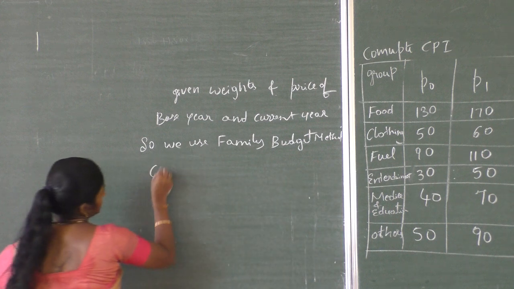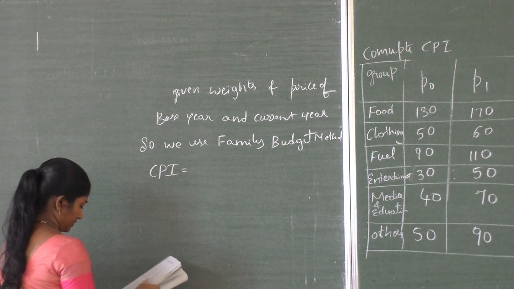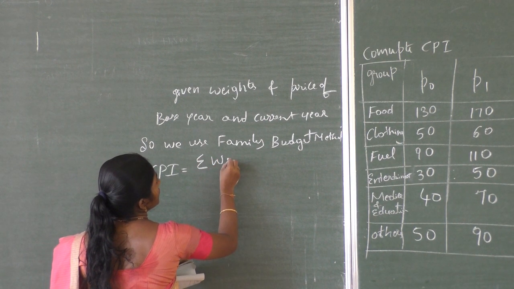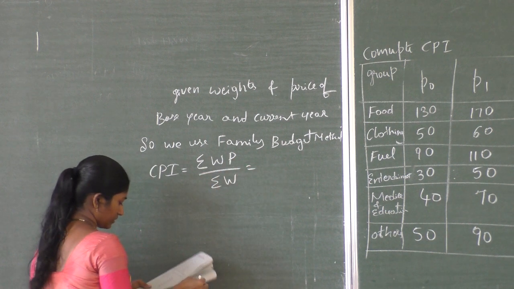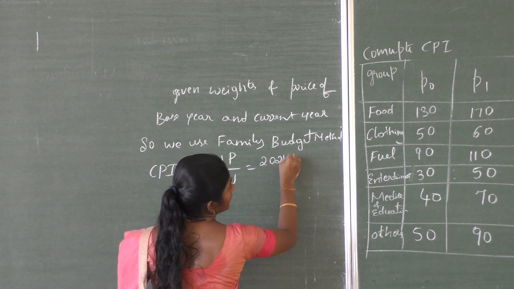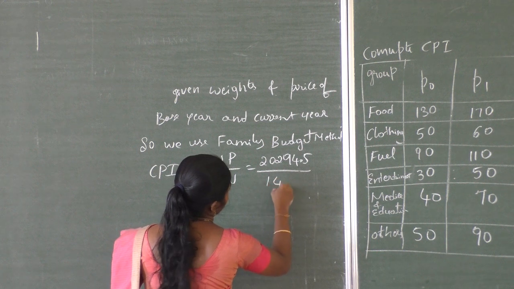CPI equals summation W into P divided by summation W. 20,294.5 divided by 145.